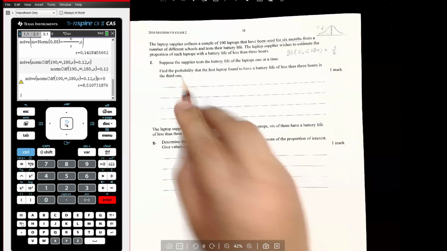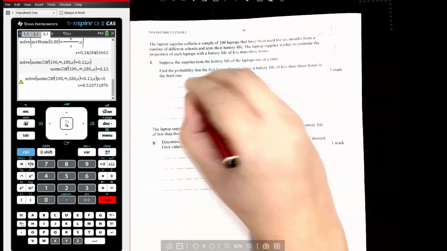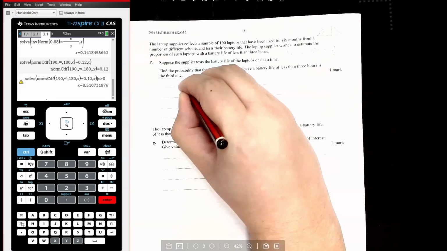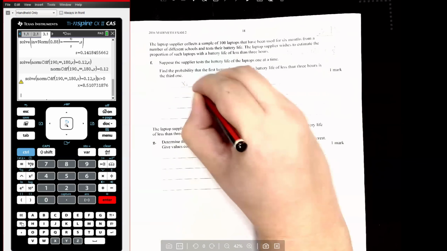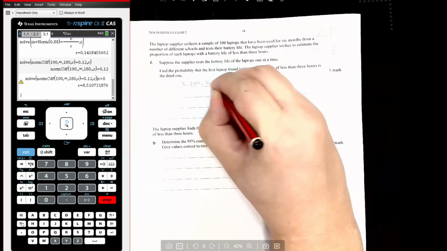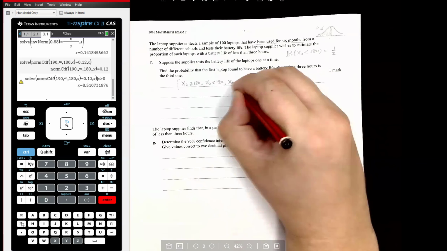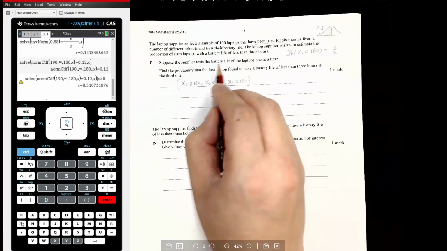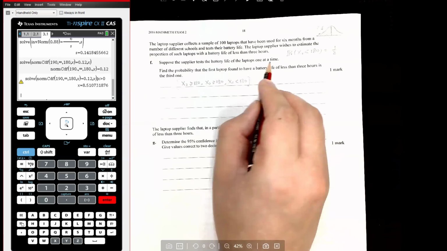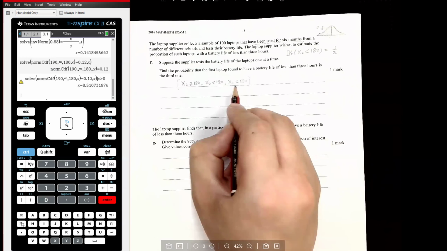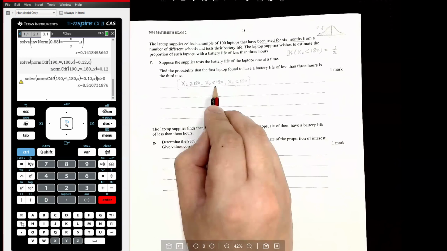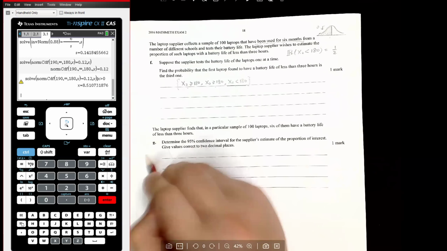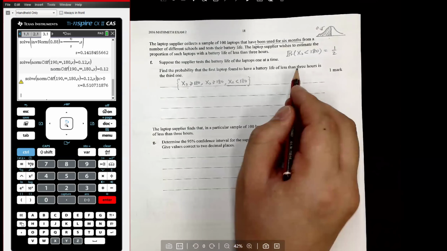Now find the probability that the first laptop found to have a battery life of less than 3 hours is the third one. So the first one is x2 greater than or equal to 180, the second x2 greater than or equal to 180, and the third x2 less than 180. We test one laptop at a time: 1, 2, 3 laptops. The first 2 laptops have a lifetime greater than or equal to 180 minutes, but the third one has a lifetime less than 3 hours.